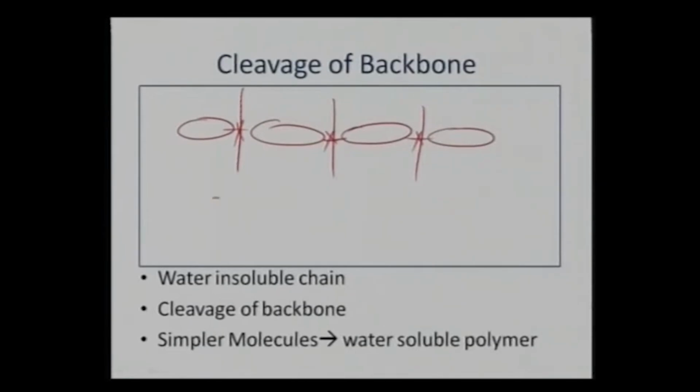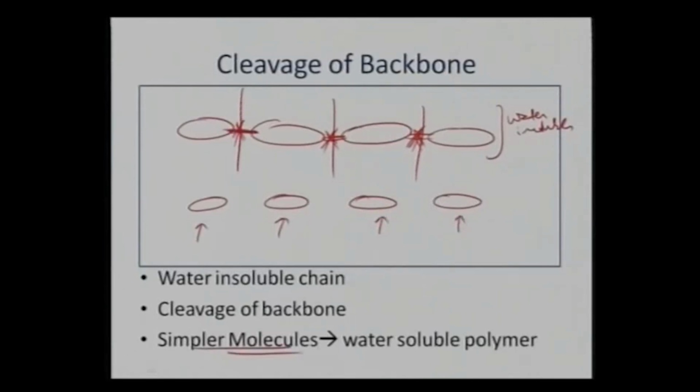So in the process we might get certain isolated smaller soluble polymers. Initially we had water insoluble molecules. In the process we are cleaving the bonding in the backbone itself. So we get small pockets of isolated polymers, which are very small and very simple molecules. So that is what is happening in this particular case to make it water soluble.